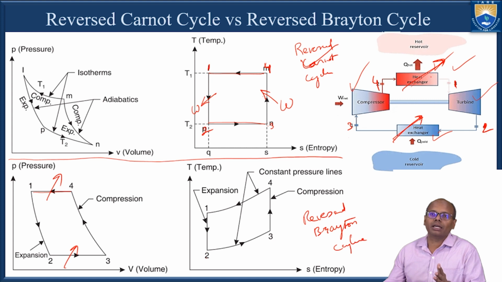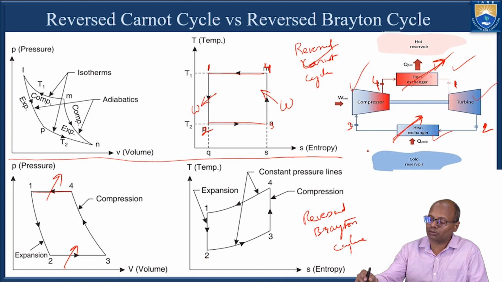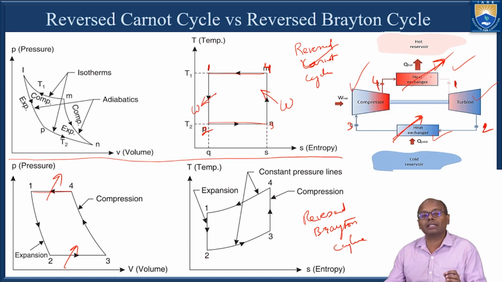But here in air standard cycles, there is no change in phase, because all along the cycle, from 1 to 2, 2 to 3, 3 to 4, 4 to 1, the phase is only air. It is only gas. So there is no phase change. So what to call this?